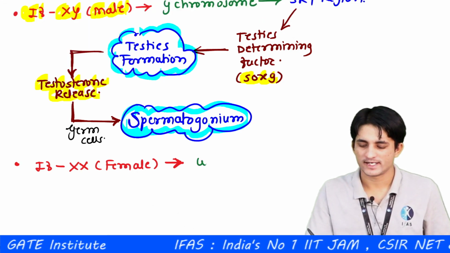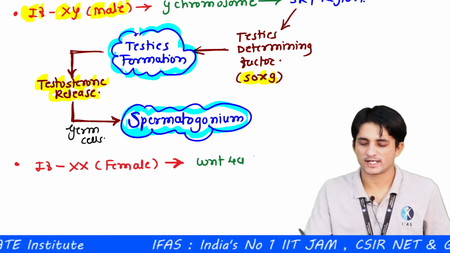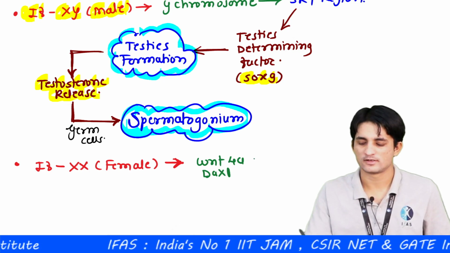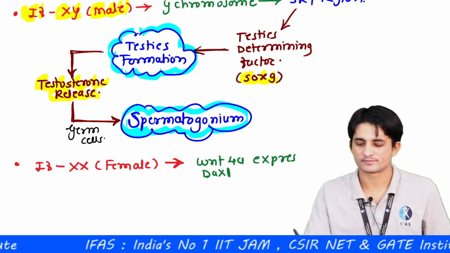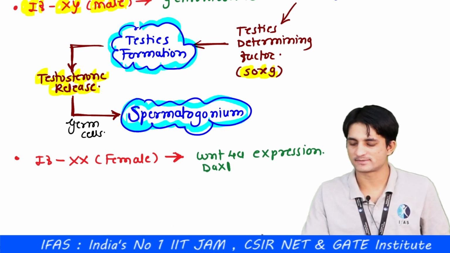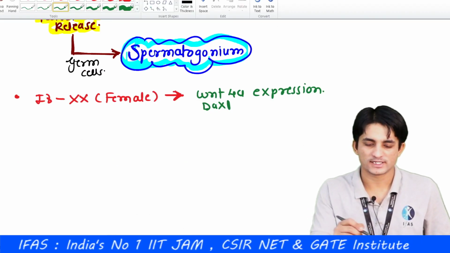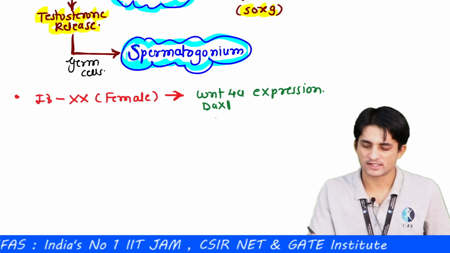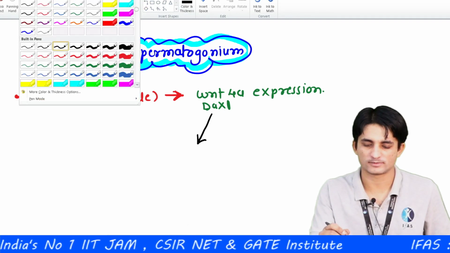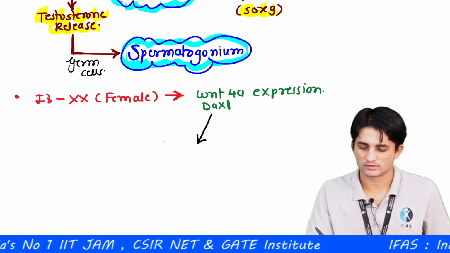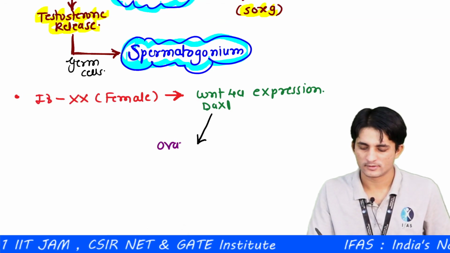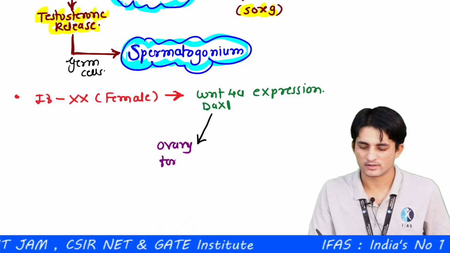So here there is expression of Wnt4a and DAX1 genes. Now as Wnt4a and DAX1 genes are expressed, the bipotential gonad converts into the ovary. So there is formation of the ovary.